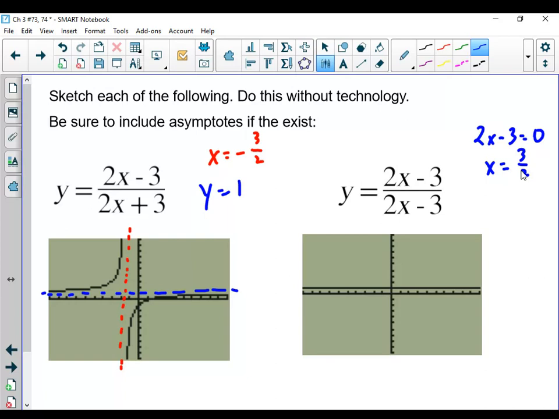So at the point 3 halves, 1, or about right here, I really should have an open circle there. And then after that, everything is really y equals 1. So when simplifying could happen, and in this case, everything was simplified down to 1, it changed the type of graph that I was looking at.